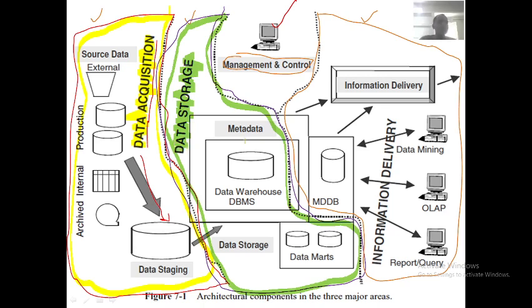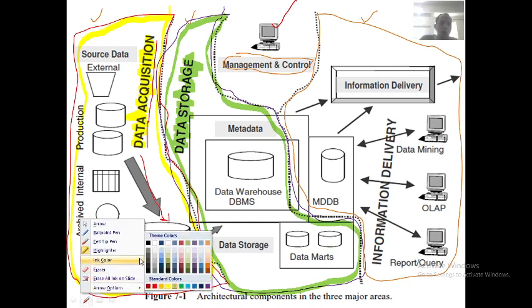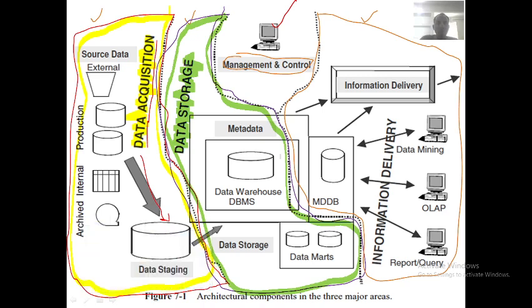Got it? Which are the components here? Metadata will be there, data warehouse will be there, then data marts will be there. These are under data storage. And next we have one more, a blue color. That area is called information delivery.